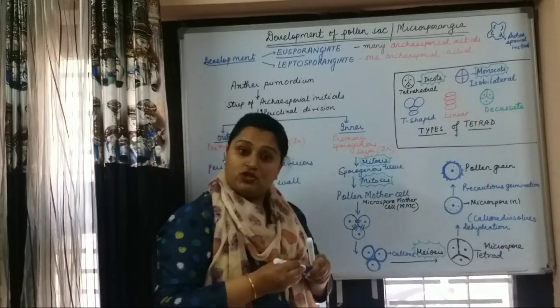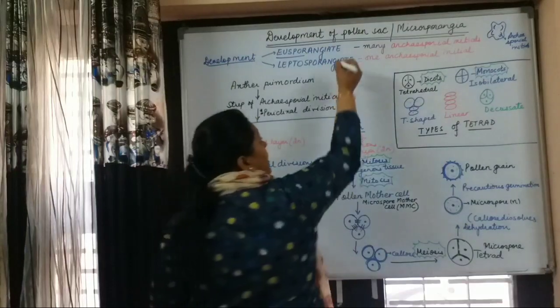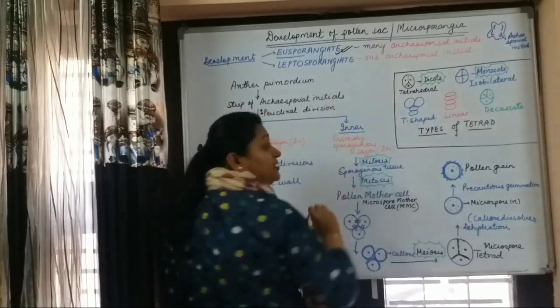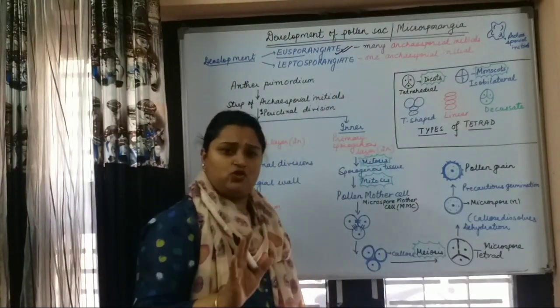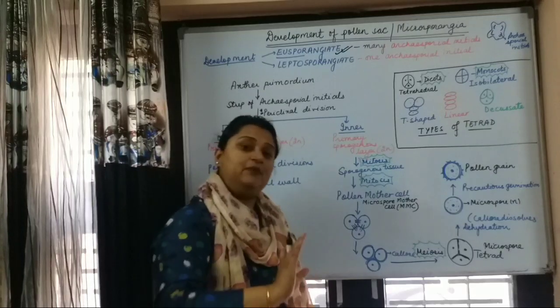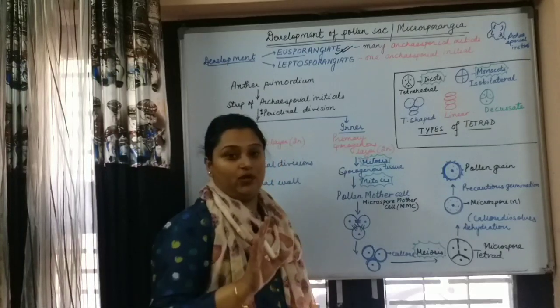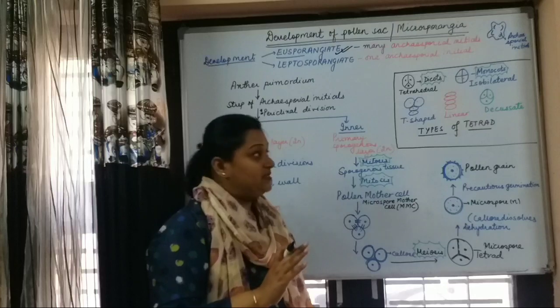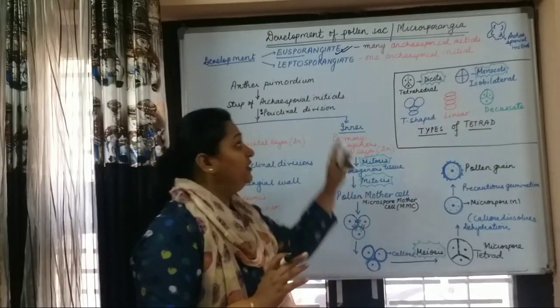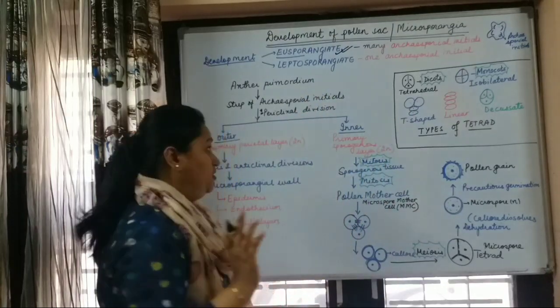Most of the angiosperms show this type of development, that is eusporangiate. That means the whole of the archisporial initials participate in the formation of the microsporangium.